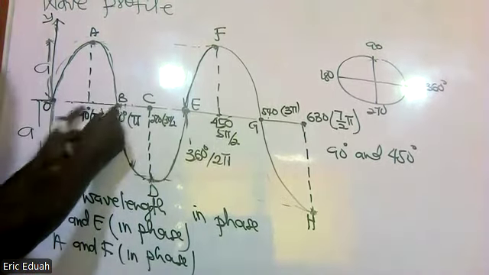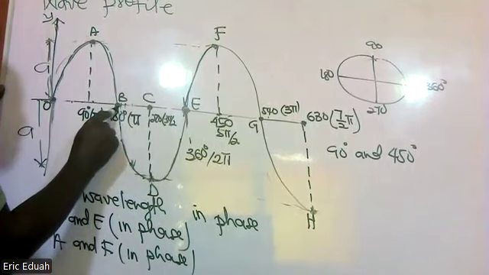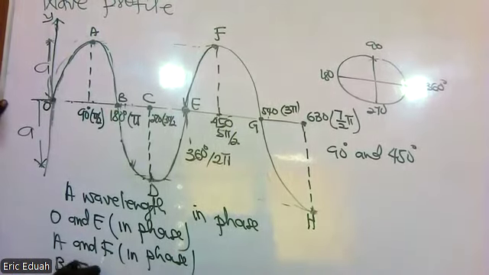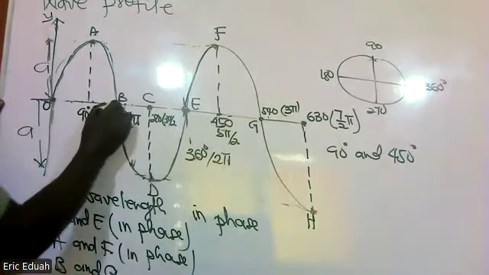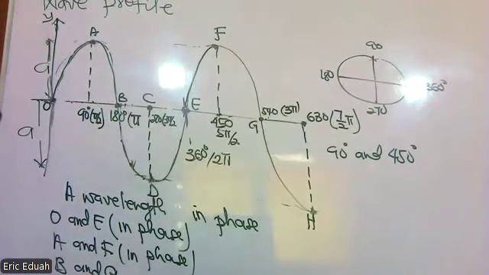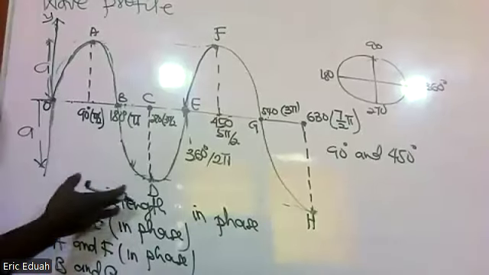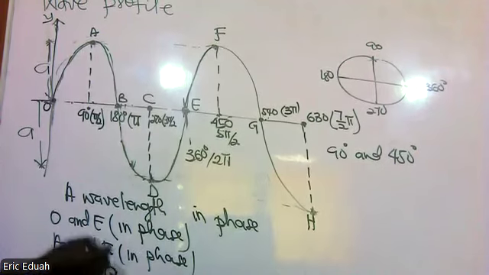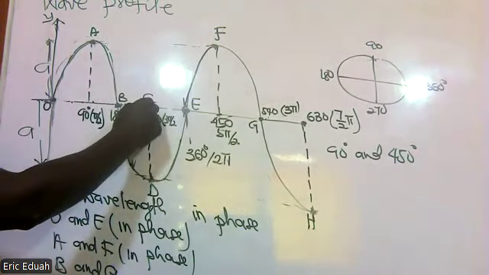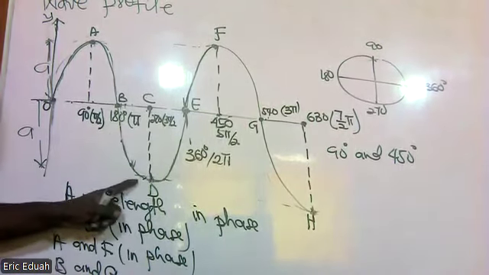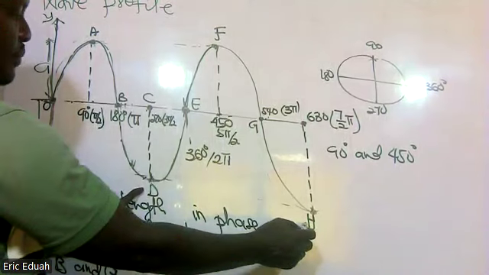Then point B. What is the counterpart of the point B? G. So B and G, 180, are also in phase. When we look at it from the downwards point of view, this is the angle 270, and it will match with this point too.